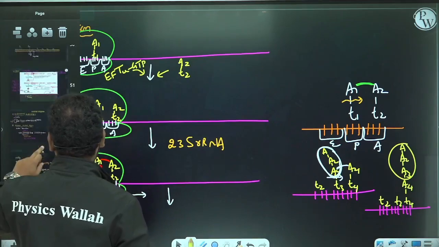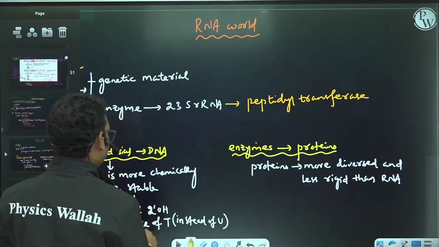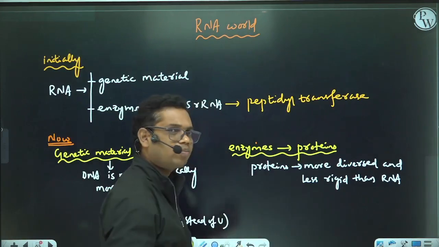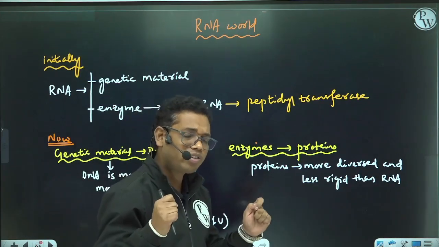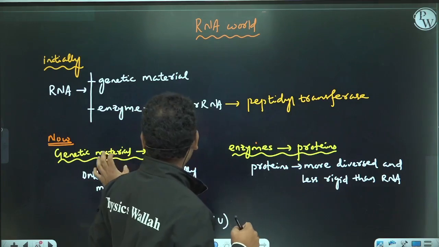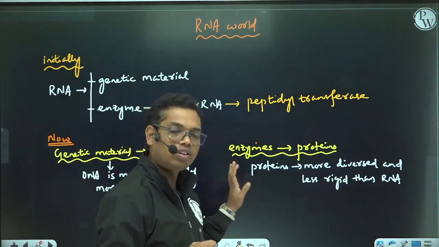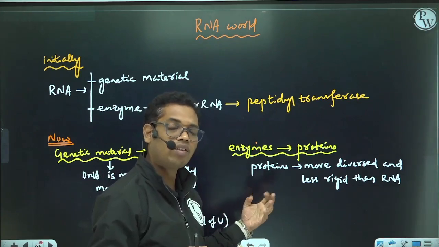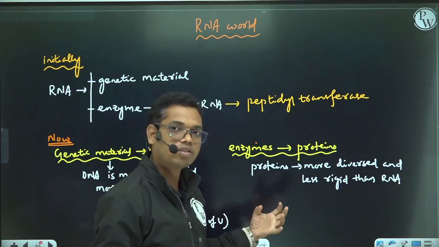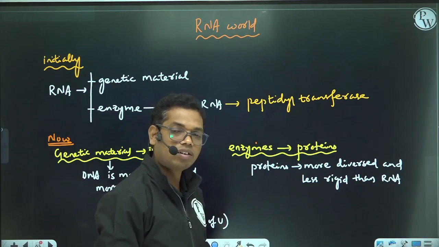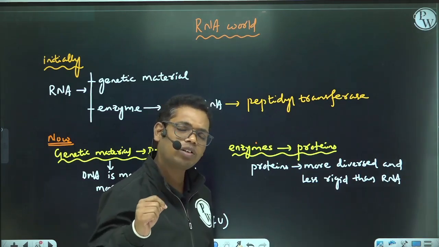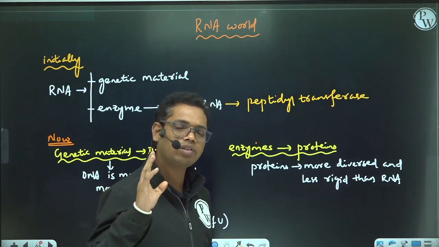Now, why was the property of enzyme transferred from RNA to proteins? See, in all cellular organisms, the genetic property is transferred to the DNA. RNA is present, but RNA acts differently. They have different functions. Their purpose is different. In cells, RNA and DNA both are present, but only DNA is acting as genetic material.